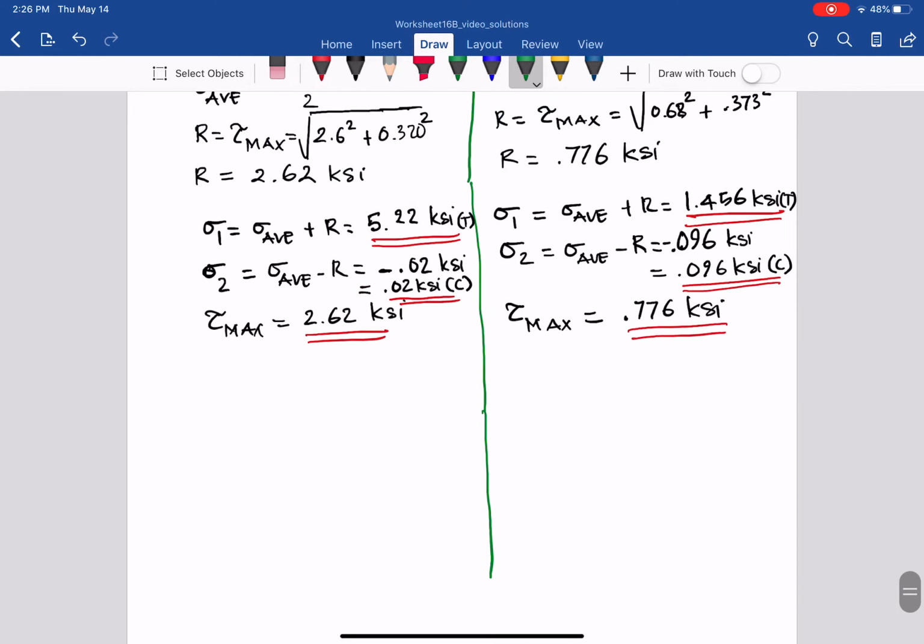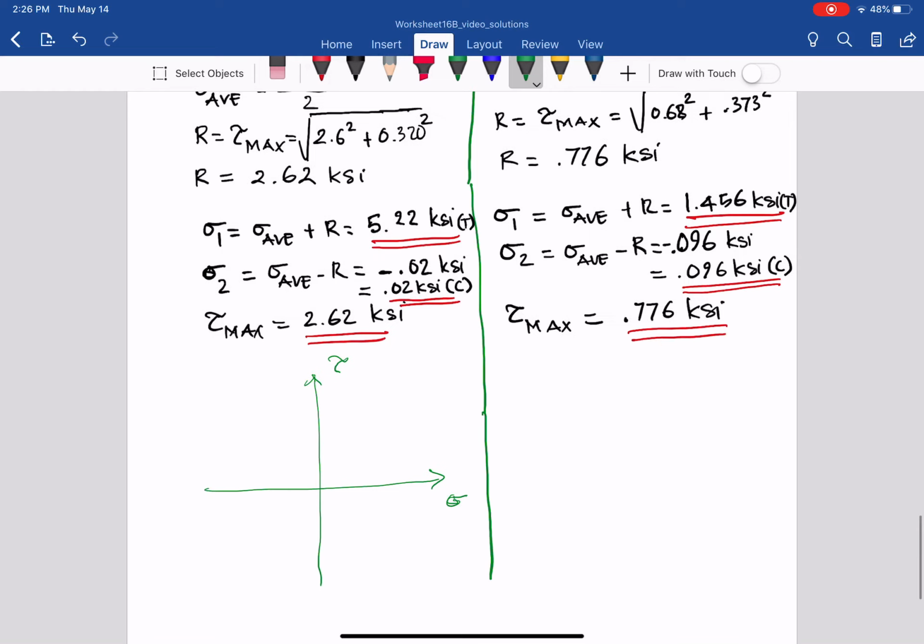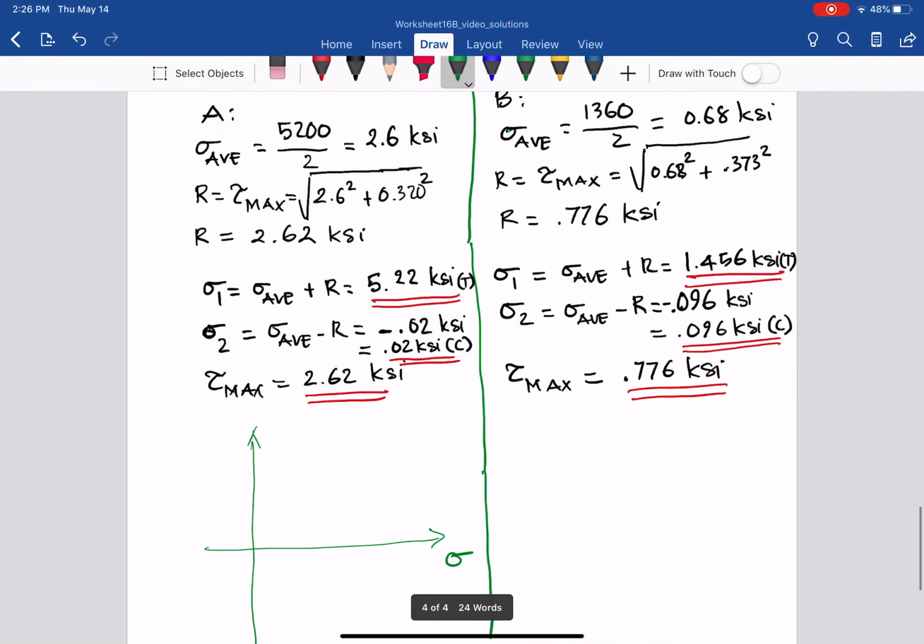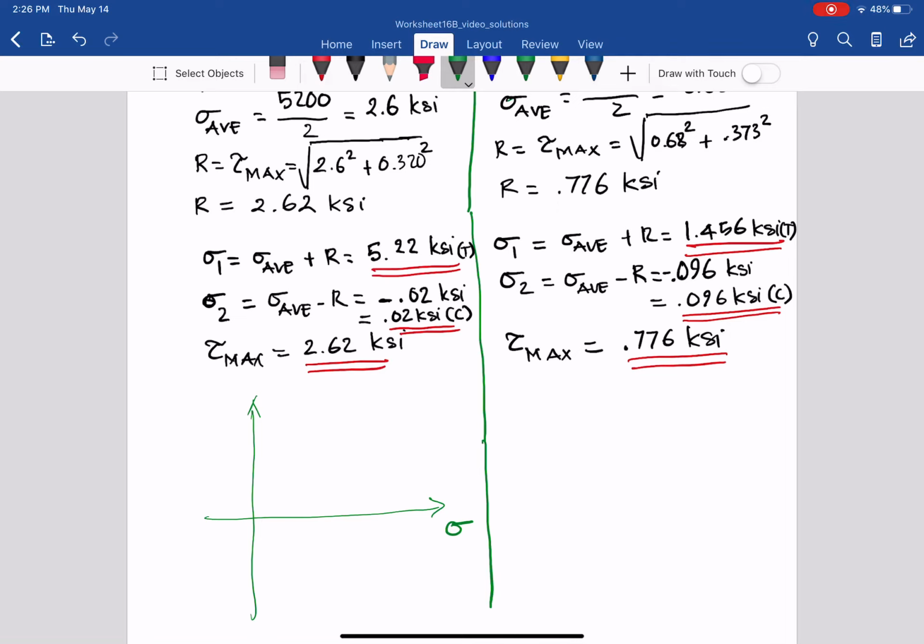We have here sigma, and we have tau. Let's move tau to the very left here, and sigma. So sigma average 2.62 is somewhere here.